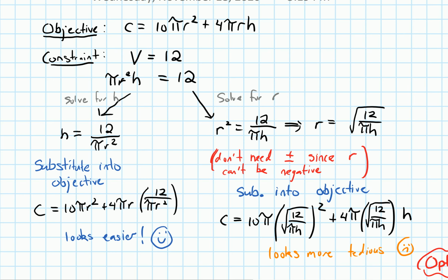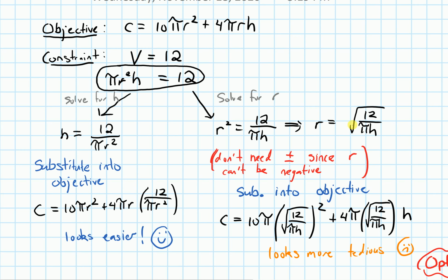There are a couple ways that I could have recognized this without having to do each one first and then figure out which one looks better to me. One is, if we look back at our constraint equation, we could hopefully see in our head that when we solve for h, we won't get a square root. But when we solve for r, because of the squared, to get rid of the squared, I'm going to end up with a square root.